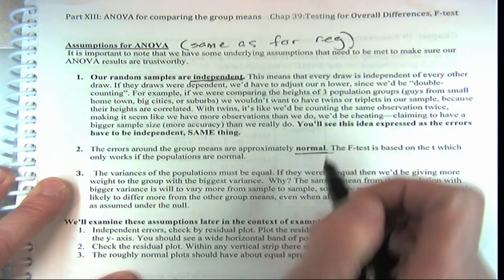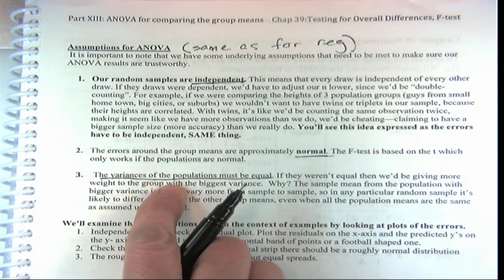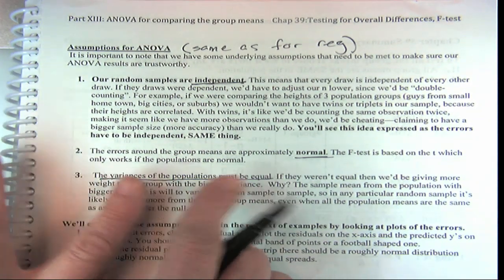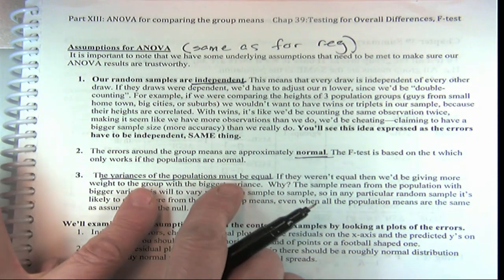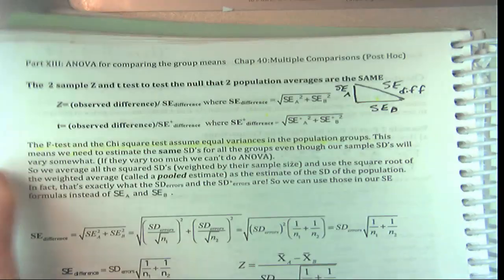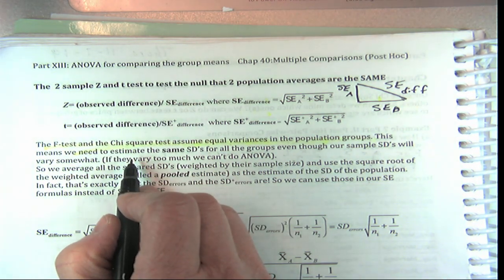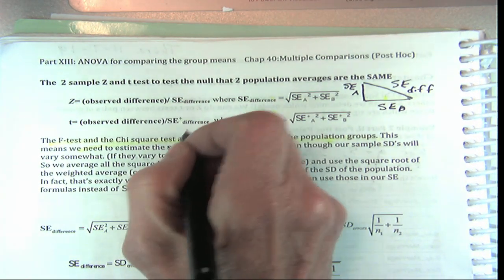Independent, and here's normal, and here's the variances are equal. This is the one I'm talking about, okay? So we have to assume we're assuming that's true with ANOVA here. So let's go back. So we're going to adjust our standard errors a little bit. Okay. So we assume this is number 3.